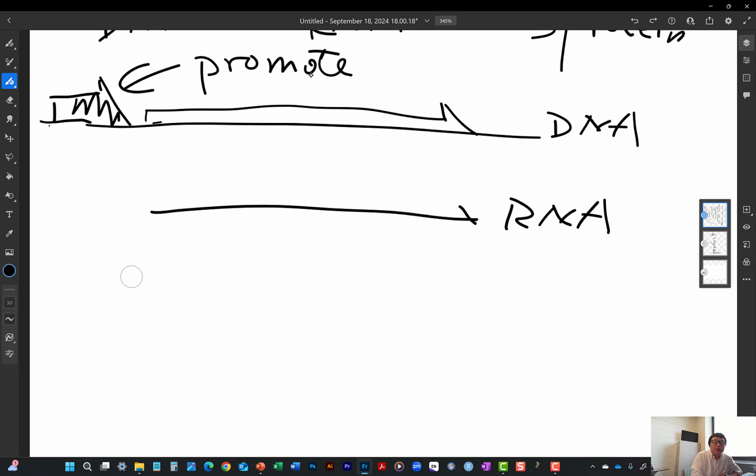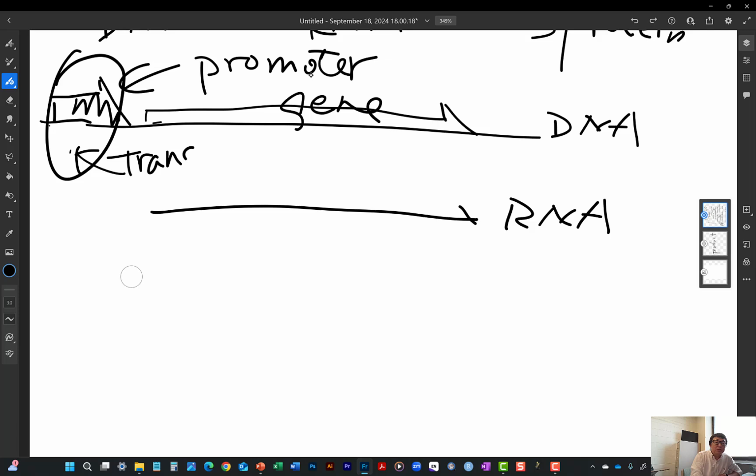The promoter is a DNA sequence upstream of the gene. This is the gene. And this is not a gene because it has no product, but it's essential for a gene to be expressed, because a gene without a promoter cannot be expressed at all. The promoter is a location where some proteins bind, called transcription factors.